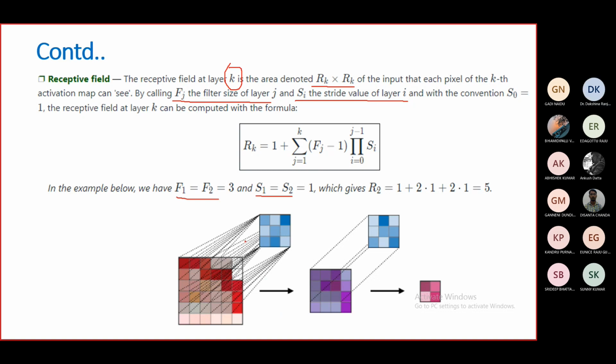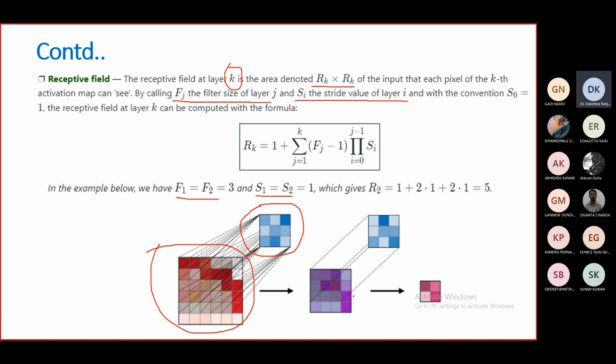Okay, so here this is our filter, this is the input image. Now, with the length of the stride and with the dimension of the filter, we can decide the dimension of the receptive field. So in this case, we have determined the dimension of the receptive field in the second layer.